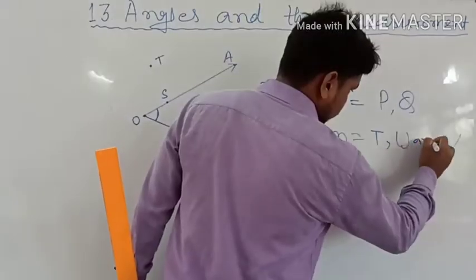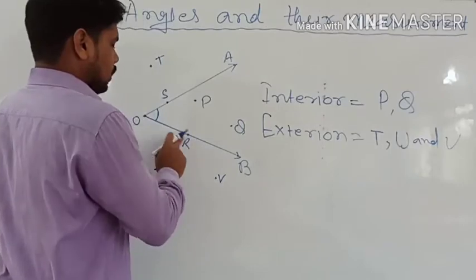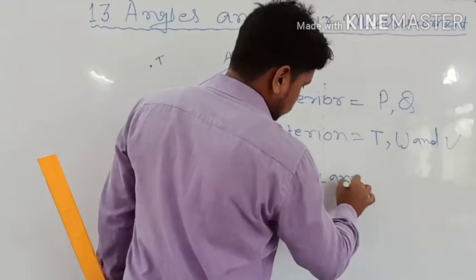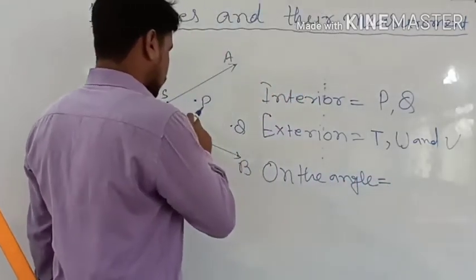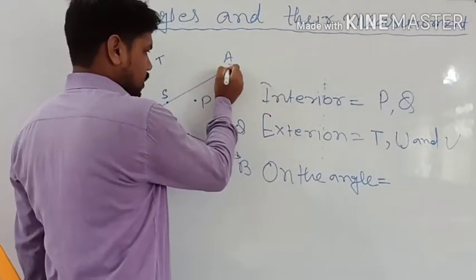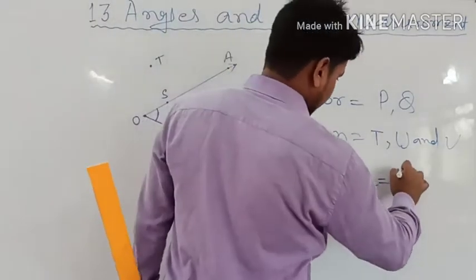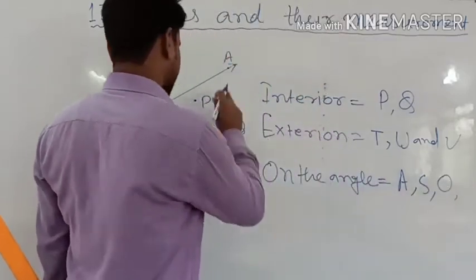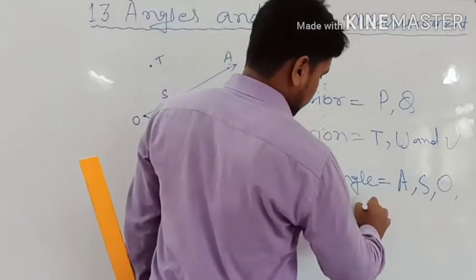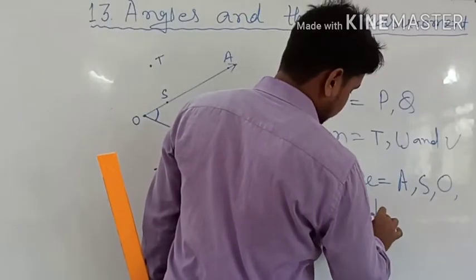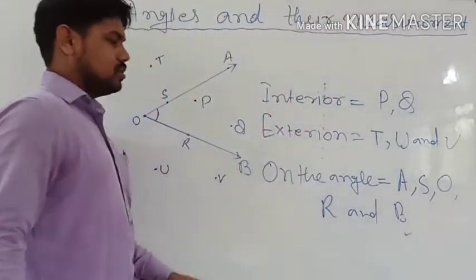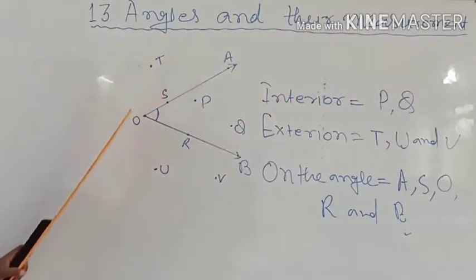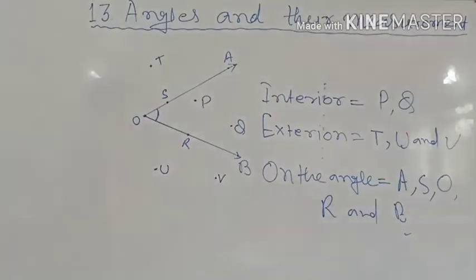And the points on the angle itself are A, O, R and B. So these are the points which lie on the angle. These two are the points which lie in the interior and these three are exterior.